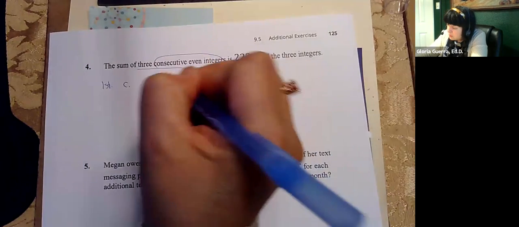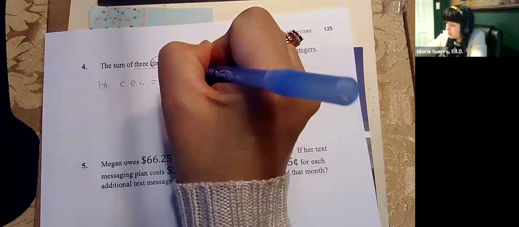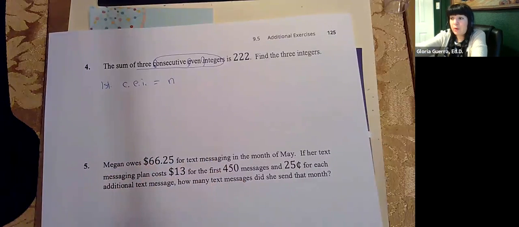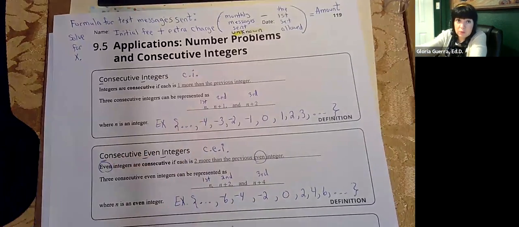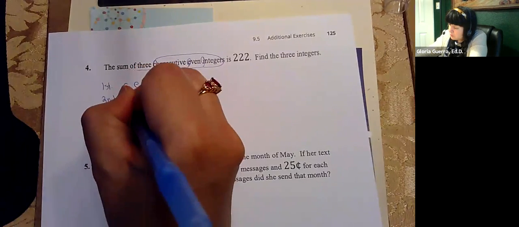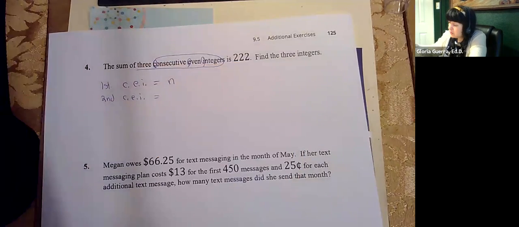So you have first CEI, and I'm just using the first letter of each word. That's N, right? All of these start off with N. They have at least that in common, right? Then the second consecutive even integer, we'll look that up, CEI.